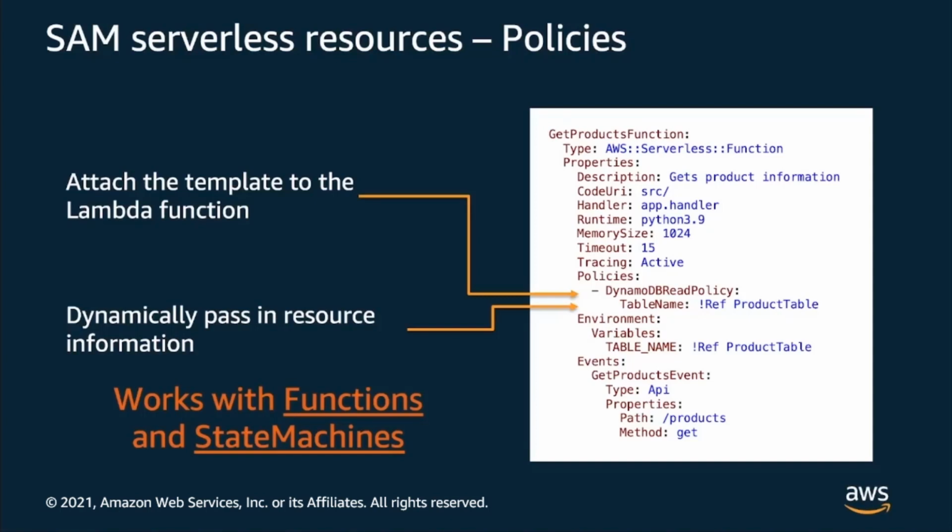It says only this Lambda function can read from only this table. Not everything, not write, not scan, not create a table, not delete a table, but just read this specific table. And that's where we want to start, right? We always start with least privilege, and these policies will help you do that. And the nice thing about these is they work with the Lambda functions. They also work with state machines, which we also call Step Functions. And we'll talk about that in a minute.